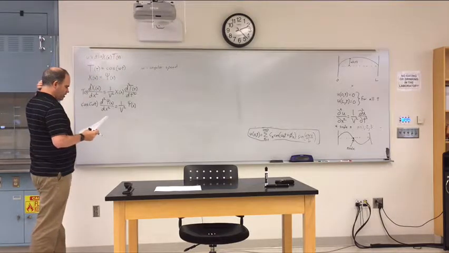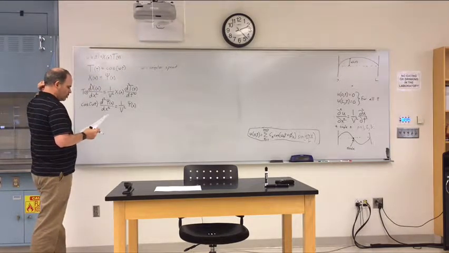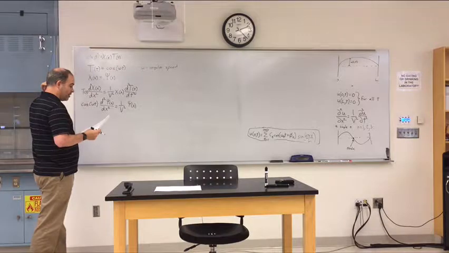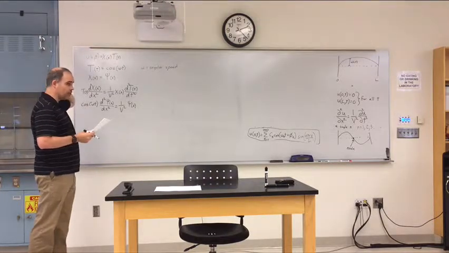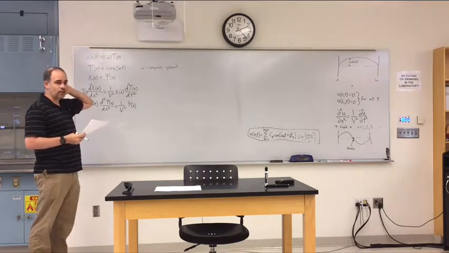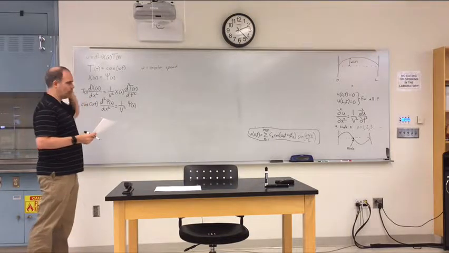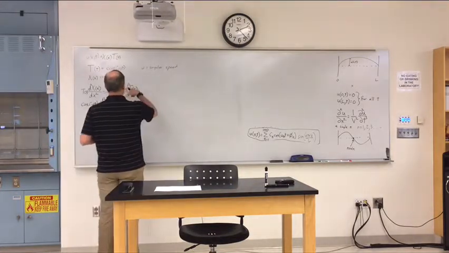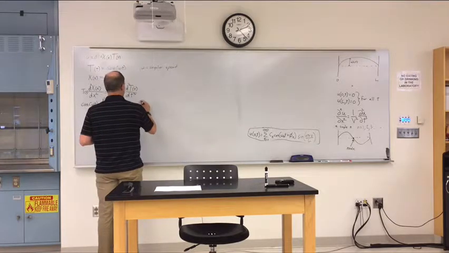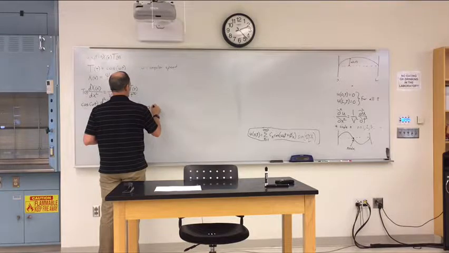The first derivative gets us sine, and then the second derivative gets us negative cosine. You guys okay with that? Yeah. So the second derivative of cosine is the negative cosine of omega t.